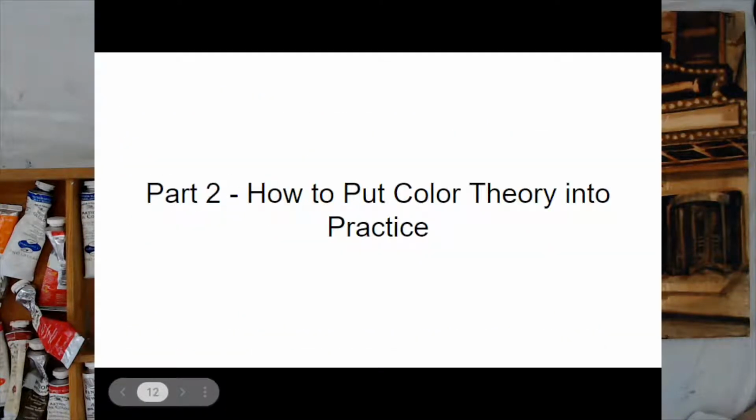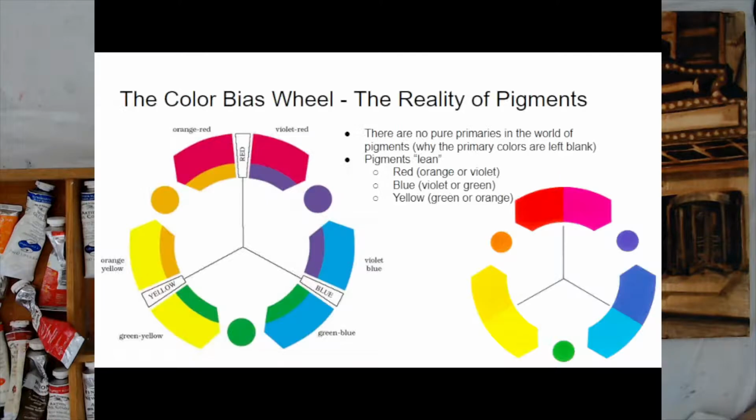And our next part is how to put that color theory into practice. So here I give you what's called the color bias wheel that represents the reality of pigments. And you see in this color wheel, there's no pure red, there's no pure yellow, and there's no pure blue. There are no pure primaries in this particular color wheel, okay?